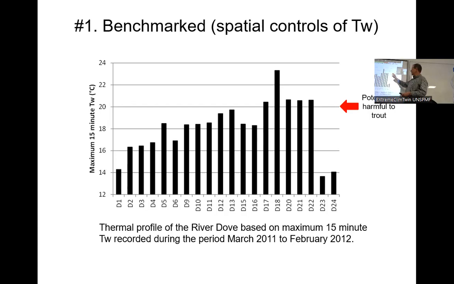And here I've indicated one of those thresholds. In this case, 20 degrees Celsius is a potentially harmful threshold for the fish species in this river. So straight away, we're able to identify those parts of the river that are potentially hazardous to the aquatic life. We've identified what we might call the hot spots in this river. We can benchmark straight away.